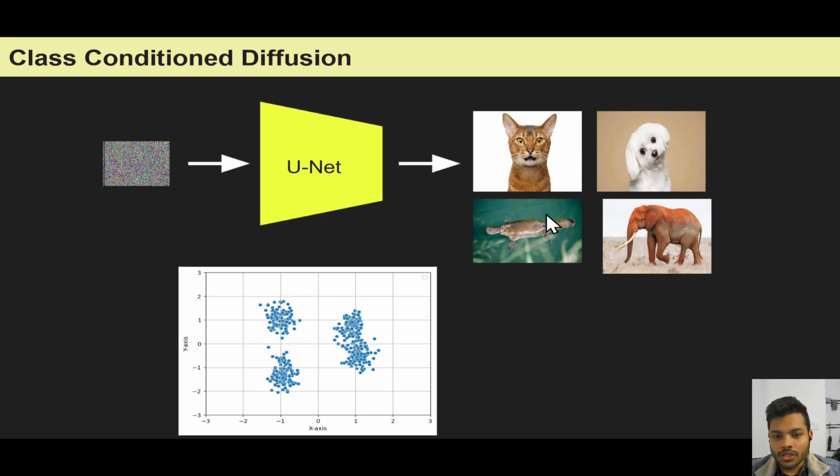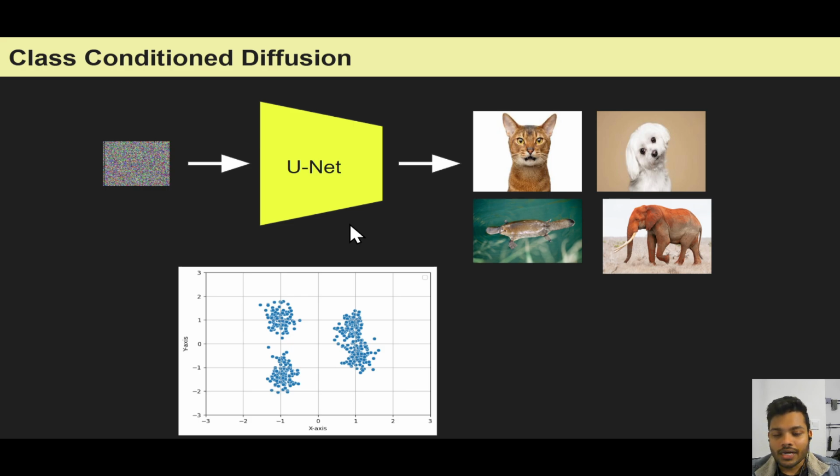If we project all their images into a 2D space, we'll see four different classes, 1, 2, 3, 4. Now after training, when we start generating from random noise, the model can produce any of these classes. It can be a dog, a cat, or anything with pretty much equal probability, given they have the same amount of data during training. We cannot control the class of image that has been generated.